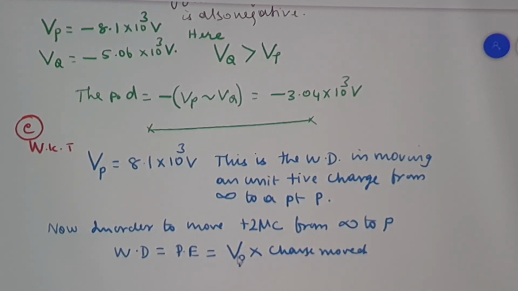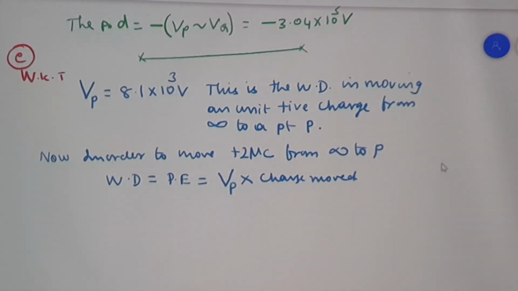Because this is the work done for a unit positive charge, and now we need the work done for plus 2 microcoulomb. So the work done in moving plus 2 microcoulomb is the potential at this point P, Vp, into the charge moved. Let us consider it as Q dash, so Q dash is equal to 2 into 10 to the power of minus 6 coulomb.